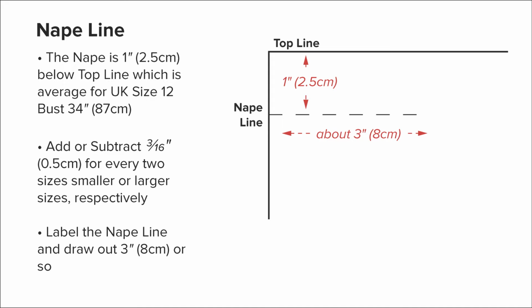Add or subtract 3/16 of an inch, 0.5 centimeters, for every two sizes, smaller or larger respectively. So measure down from the top line 1 inch, 2.5 centimeters. Label it nape line. Square across for a guideline of 3 inches, 8 centimeters or so.